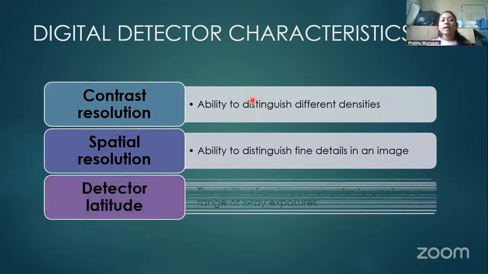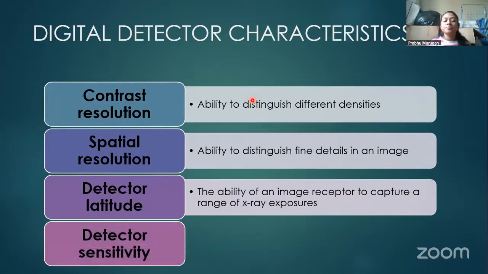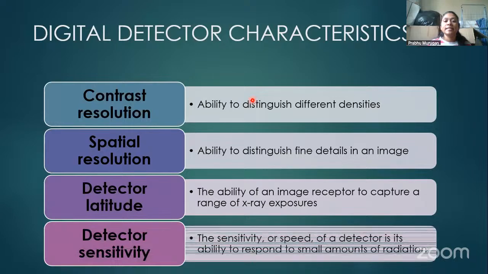Third is your detector latitude. Detector latitude means the ability of the receptor to capture a range of X-ray exposure. Like I told you, from the most radiopaque to the most radiolucent, it has to capture everything. This also correlates with the exposures, that is, your high voltage radiation to low voltage radiation. It has to capture everything. Next comes your detector sensitivity.